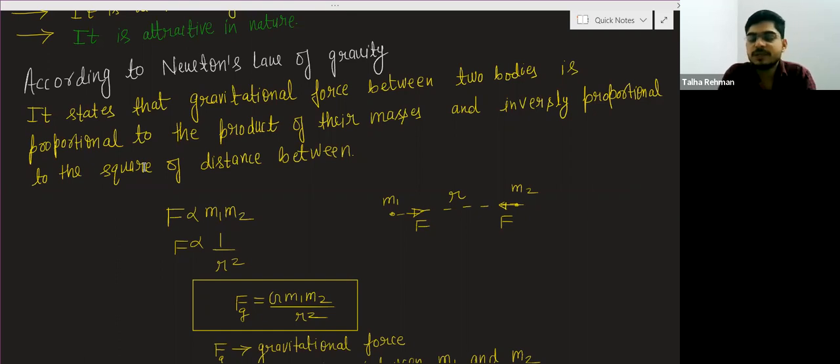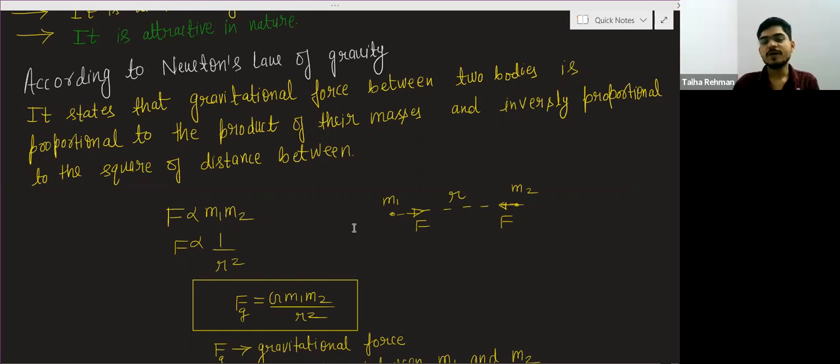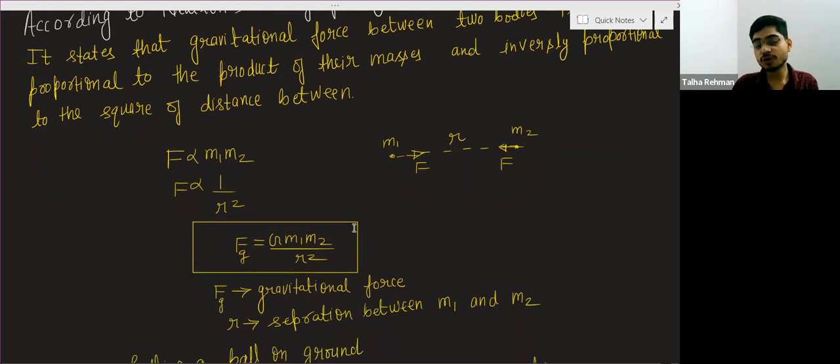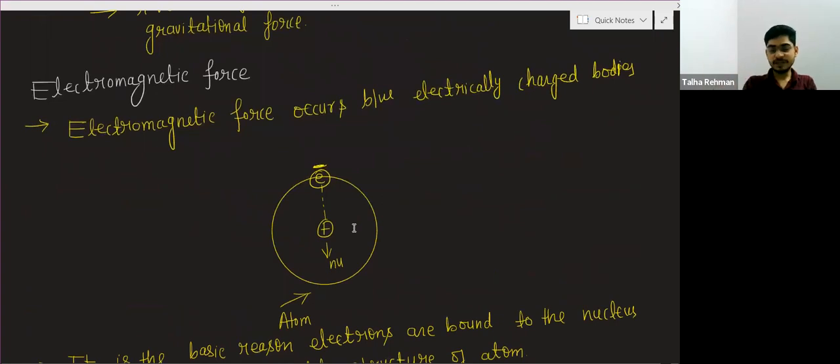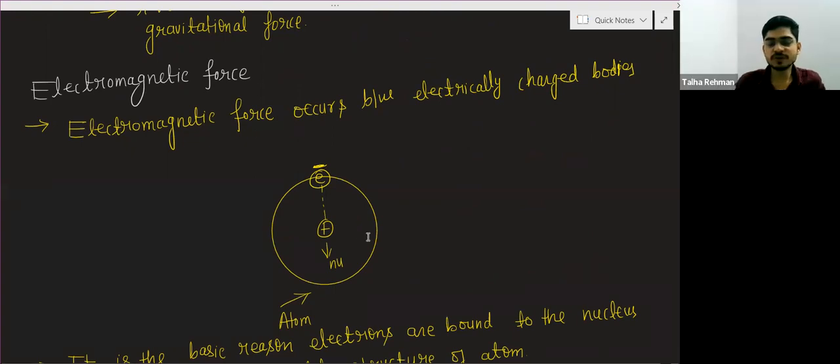What I have told you, what is gravitational force? Gravitational force is a force of attraction between any two masses. Electromagnetic force is a force between electrically charged bodies. Strong nuclear force is a force which binds the nucleus. And weak nuclear force is a force, weak in nature, and responsible for certain processes like radioactive decay.